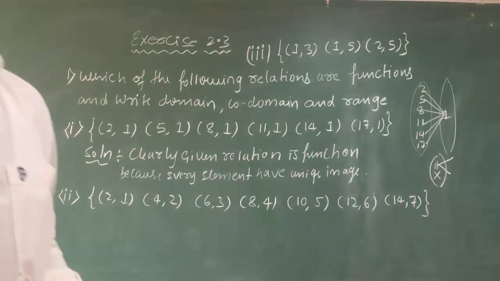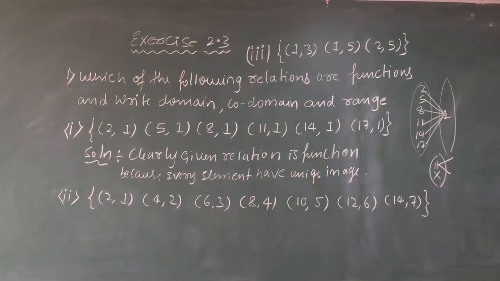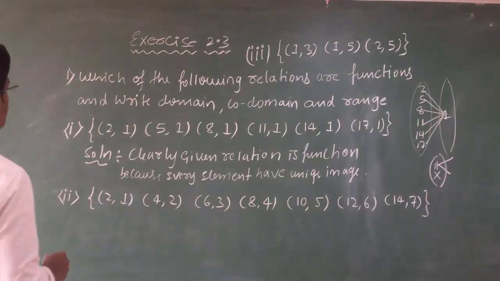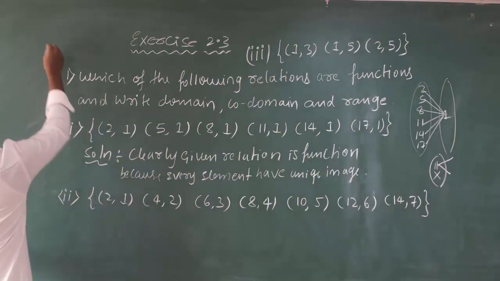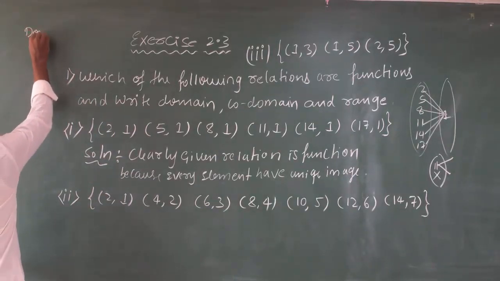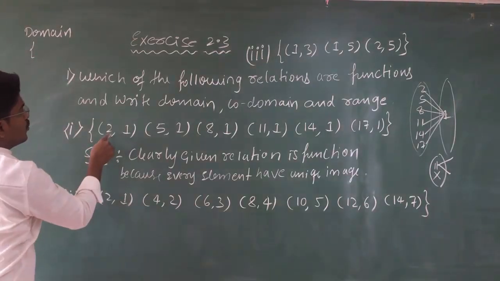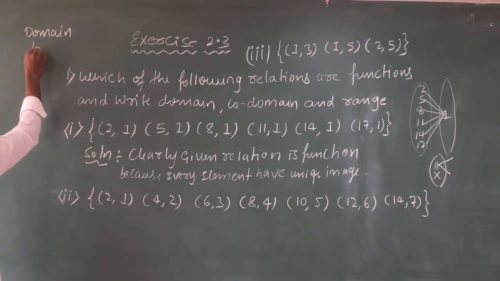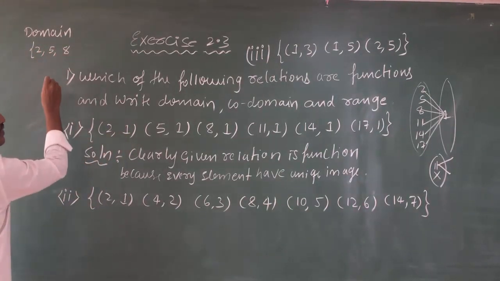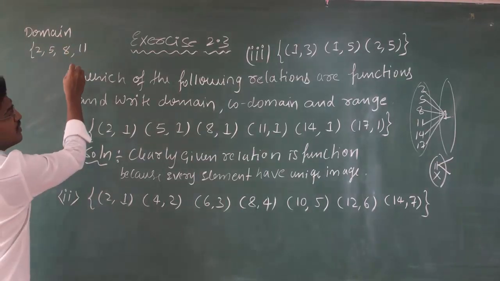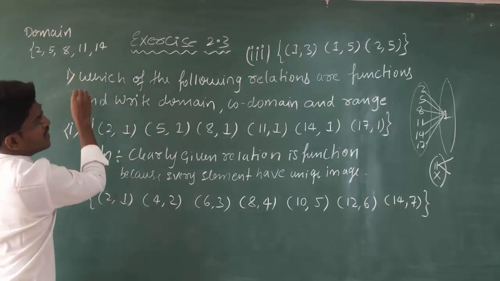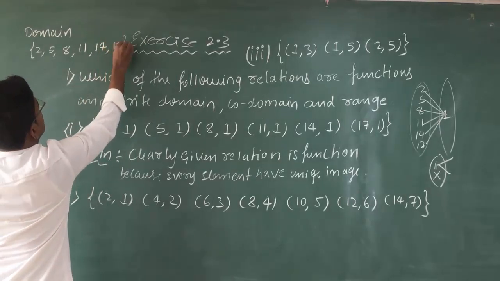Clear? So now I will write domain, codomain and range. See here, domain of this. Domain is 2, 5, 8, 11, 14, 17. Okay.